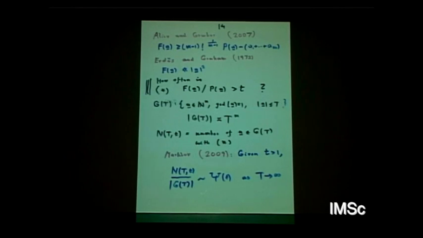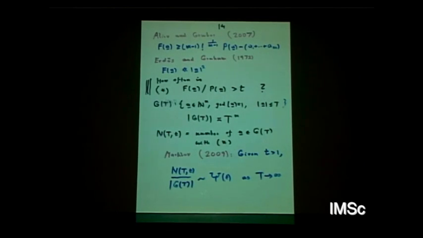Okay. And now let capital N of T, little t, be the number of n-tuples in this set where you have this inequality, where F of A over P of A is bigger than t.